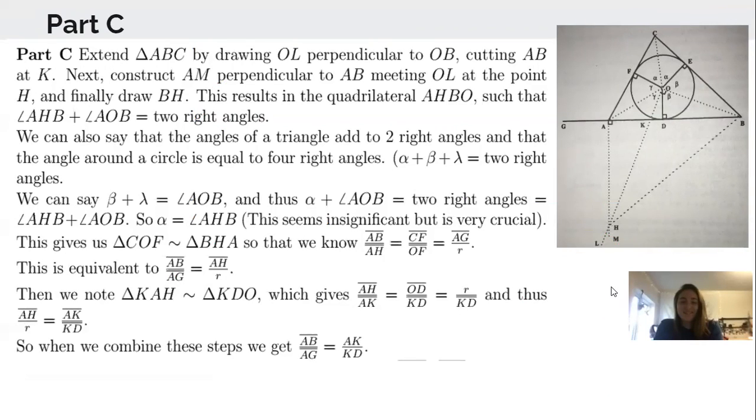Okay, here we go. Part C, the last part. Now we're gonna extend this triangle by drawing the perpendicular from LO. So we're gonna draw basically a perpendicular from this line. This line's perpendicular is simply right here.